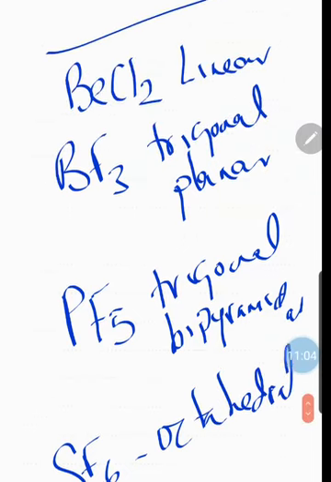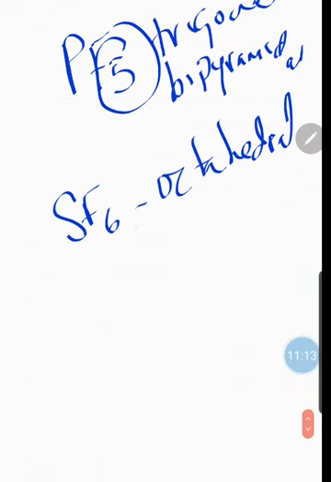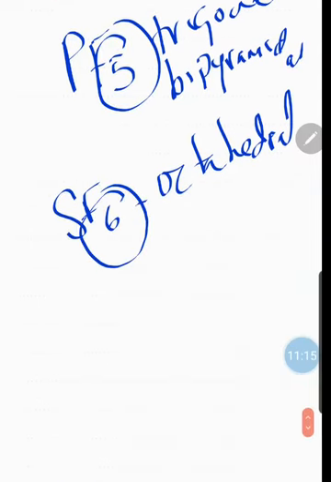And please note, linear is 2 bonding pairs, trigonal planar 3 bonding pairs, trigonal bipyramidal 5 bonding pairs, SF6 6 bonding pairs. There will be other shapes of ions which you will come across, but this is the very basic understanding of shapes of molecules. If there are any questions, please ask. Thank you.